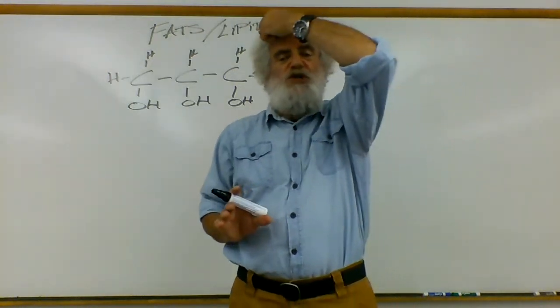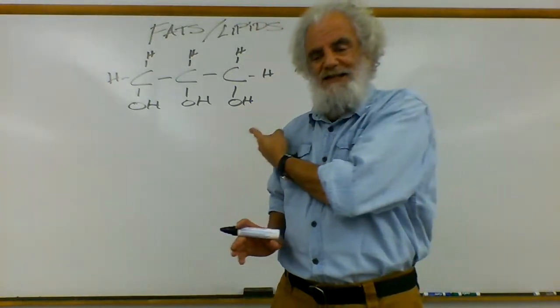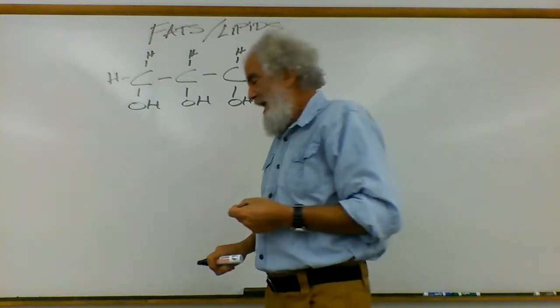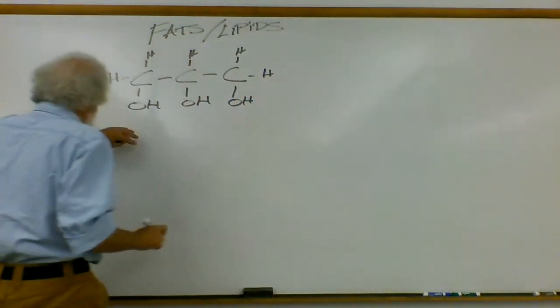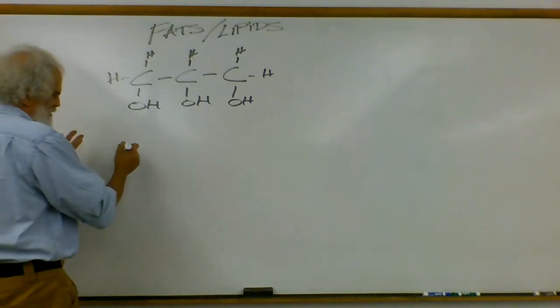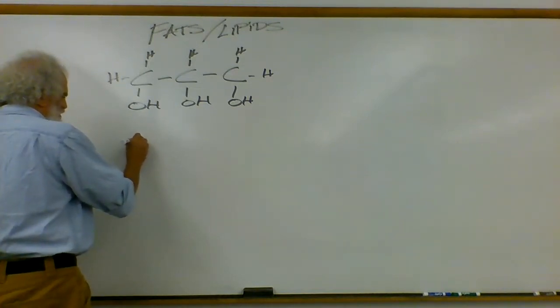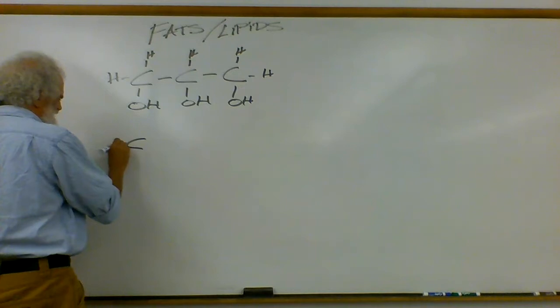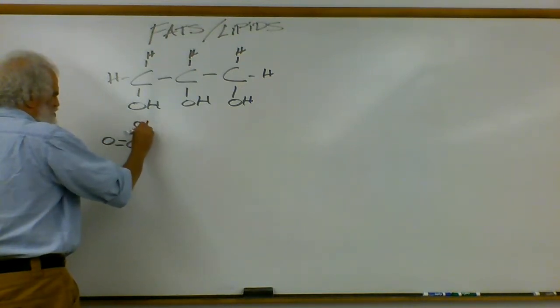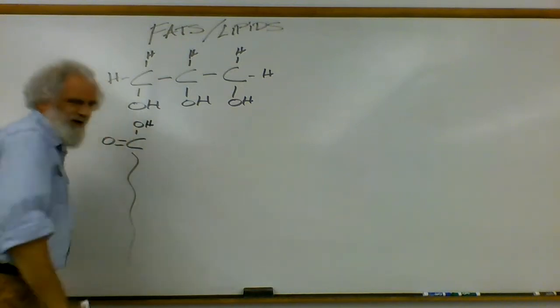All right, what we're going to do is add a fatty acid to one of the carbons in the glycerin. And this is where the notion of a condensation reaction comes in, because I'm not going to bother drawing the entire fatty acid, but we're going to take the carboxylic acid end. Remember, that's the double bond oxygen and the OH. And then we just draw it like a line.